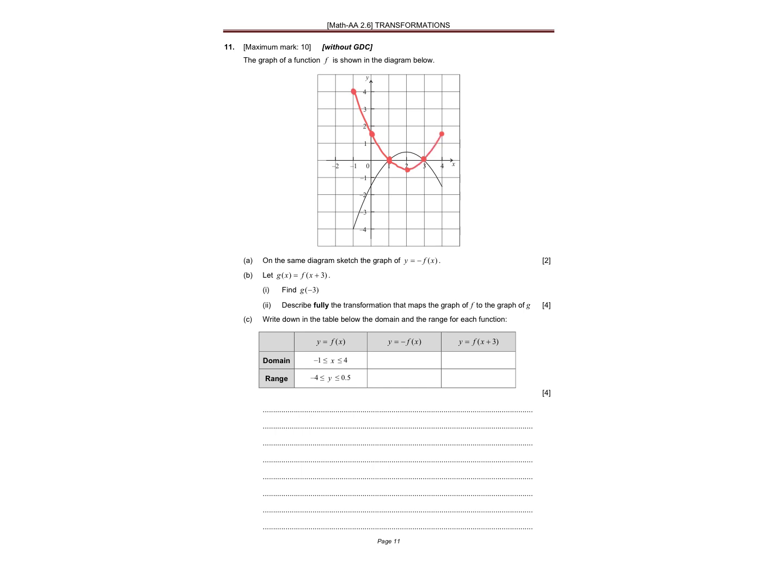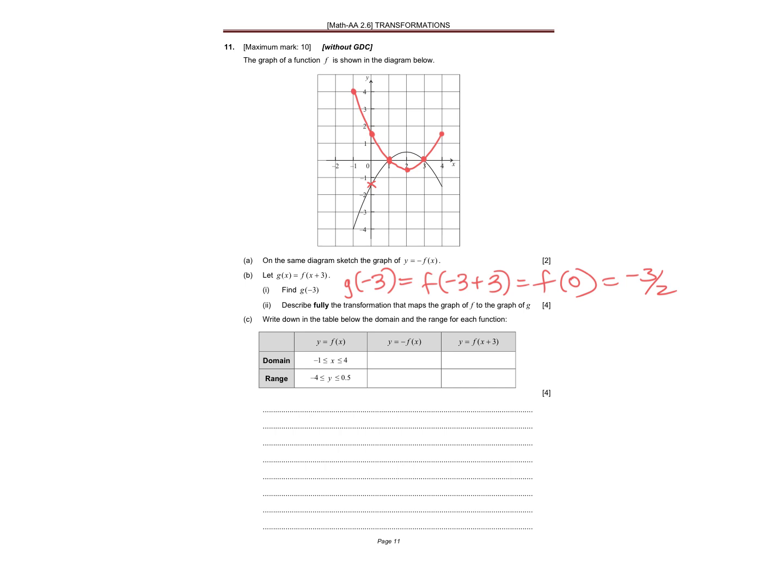Let g of x equals f at x plus 3. If we want g at negative 3, gosh, that's f at negative 3 plus 3, which is f at 0. So f at 0 is this one, negative 3 over 2.